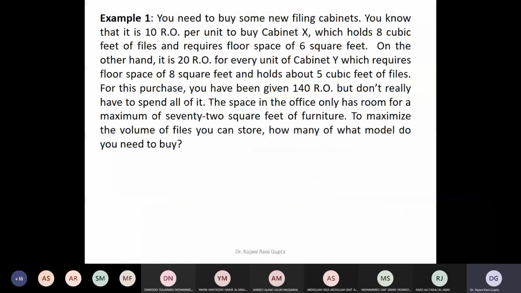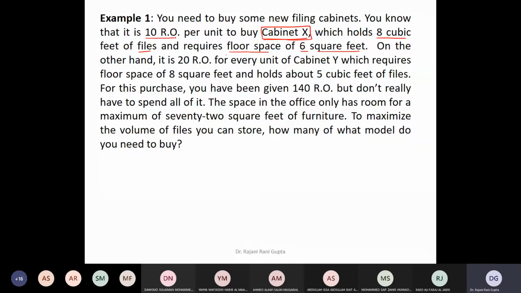So what it says, you need to buy some new filing cabinets. You know that it is 10 riyal per unit to buy a cabinet X, which holds 8 cubic feet of files and requires floor space of 6 square feet. So from the first sentence, when we are talking about cabinet X, what are the quantities given?